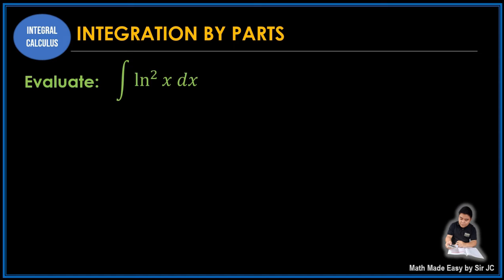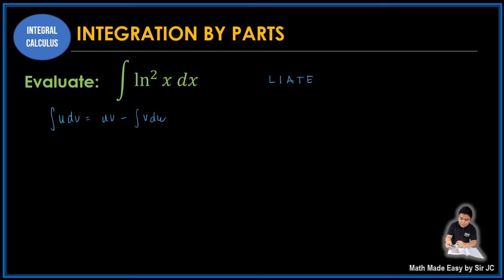We know that in integration by parts, the integral of u dv is equal to uv minus the integral of v du. How are we going to find the values of u and v? Remember LIATE, so u will be the first.